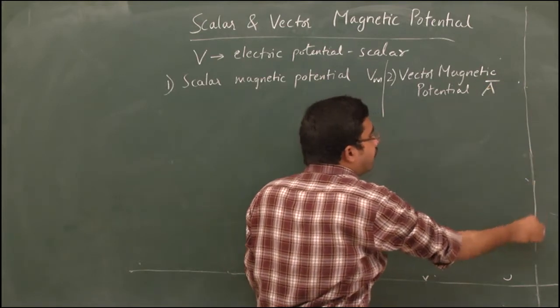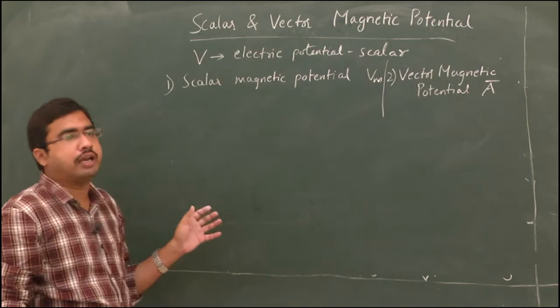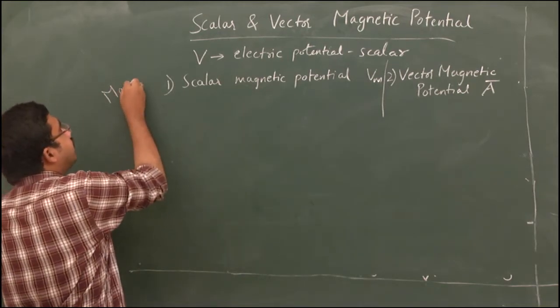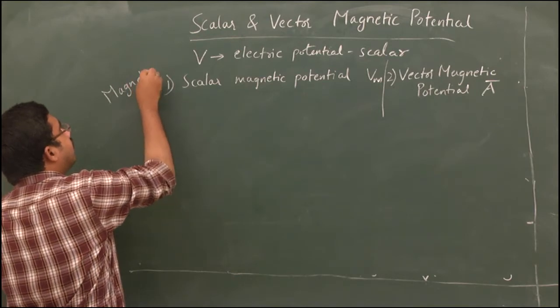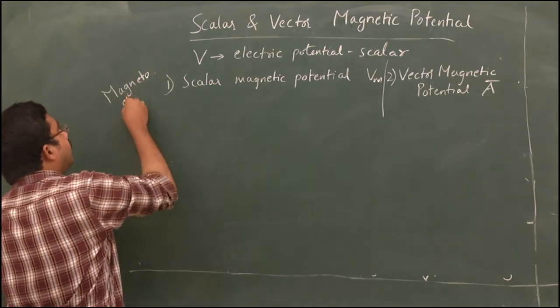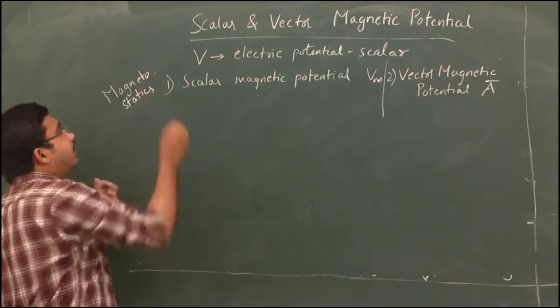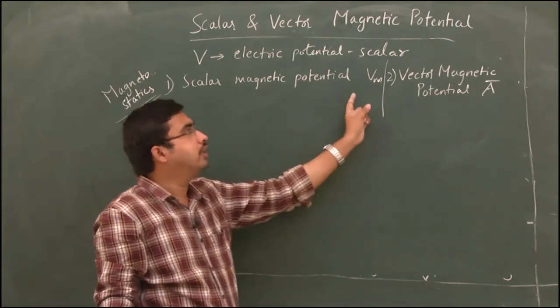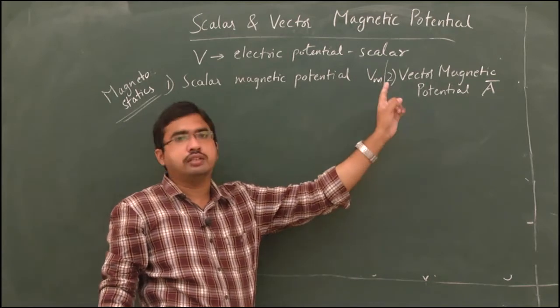Okay, scalar magnetic potential and vector magnetic potential. Here in magnetostatics, that means in the second unit, the potentials are divided as scalar magnetic potential Vm and vector magnetic potential A bar.